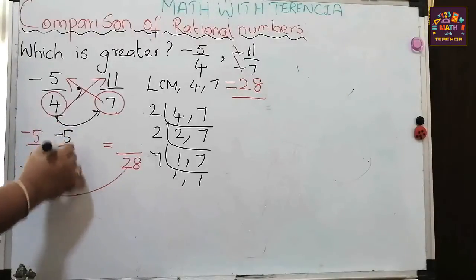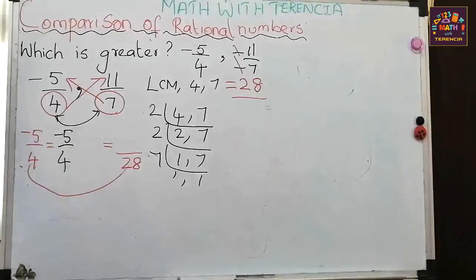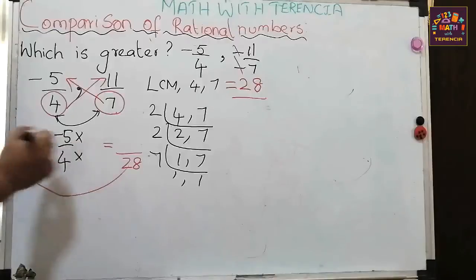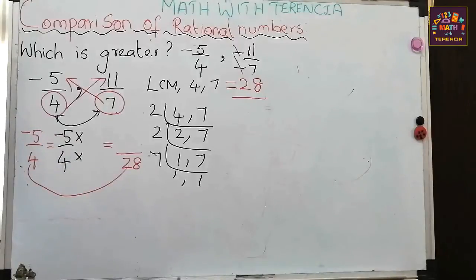So how can I change 4 to 28? 4 times what gives me 28? 4 times 7 gives me 28.